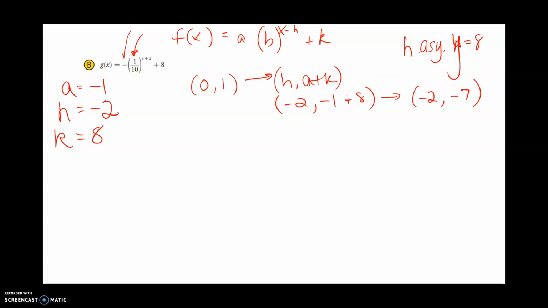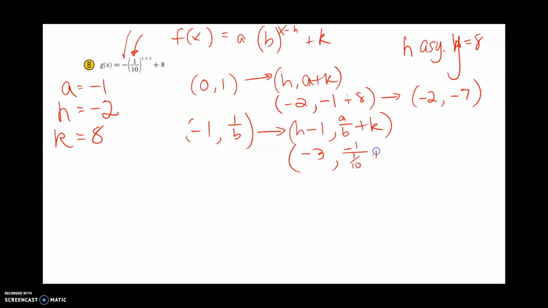Interesting. Then our other reference point will move to (h minus 1, a over b plus k). H minus 1, negative 2 minus 1 is negative 3. A over b, so negative 1 over 1/10 plus k. Remember, this multiplies by the reciprocal, so that's negative 10 plus 8. So this will be (-3, -2).